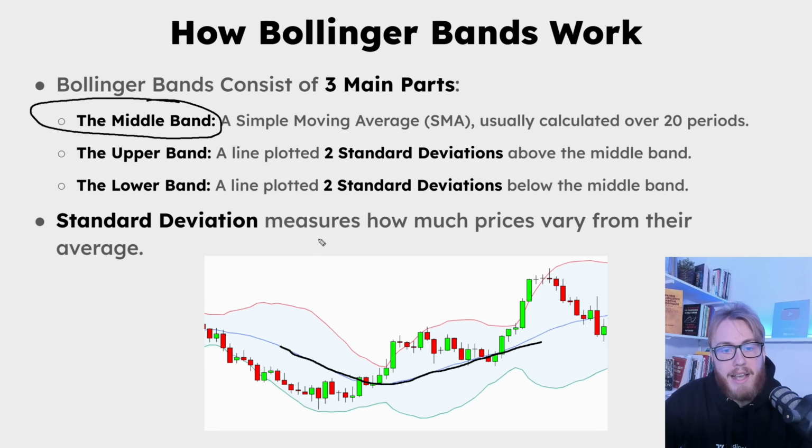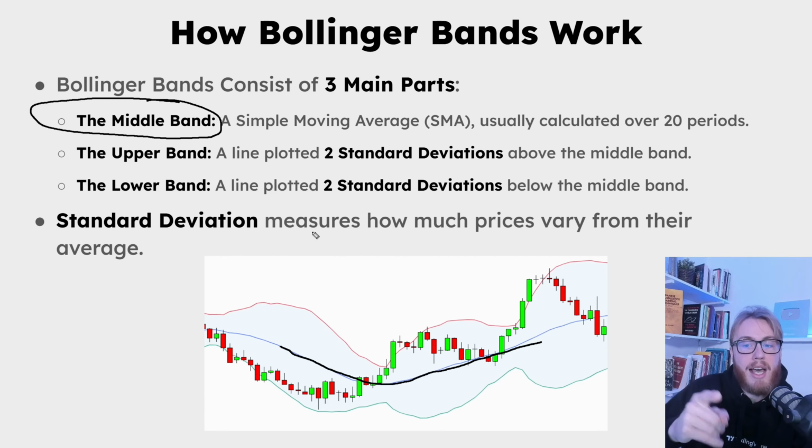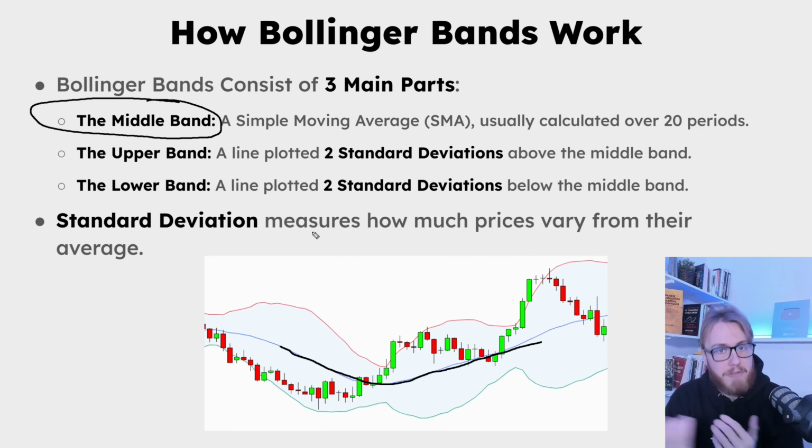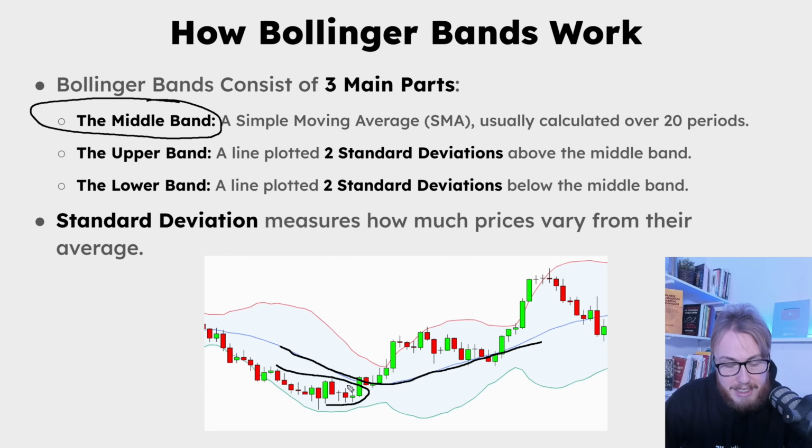And the standard deviation measures how much the prices tend to move away from the average, or from the middle band. When we have a period where the price hasn't moved a lot, like right here, where the prices have been going sideways with not a lot of movement, we can see that the band is getting pretty tight.